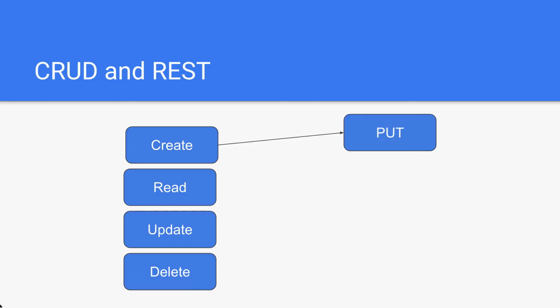Well, create we've already seen can be a PUT, and that is if you know where the resource is going to be located, you can PUT to that URL and create the resource there. Create can also be implemented using POST, and this would be when you don't know where the resource is going to be, you might do a POST to the collection.